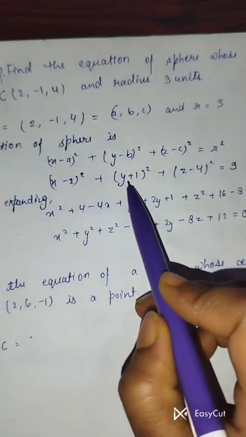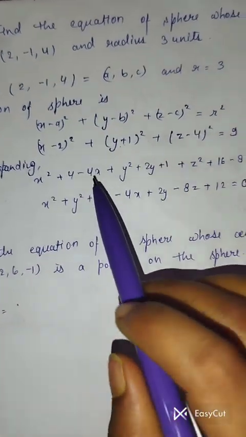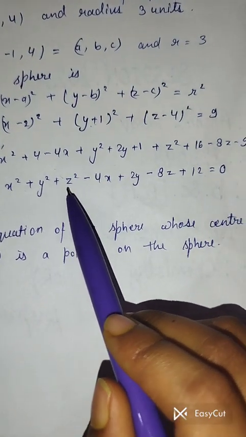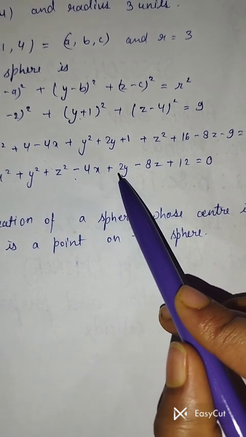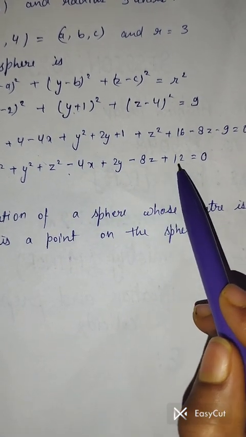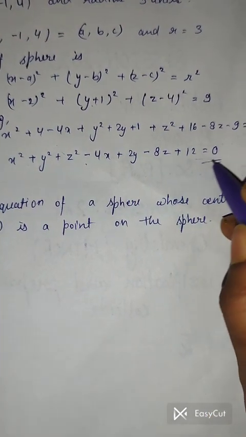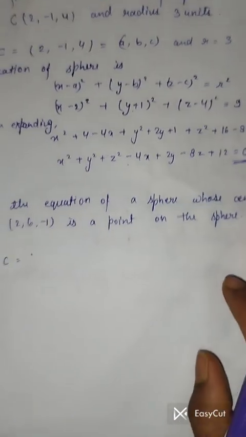On expanding this equation we will get the final result as x square plus y square plus z square minus 4x plus 2y minus 8z plus 12 is equal to 0, which is our required equation of the sphere.